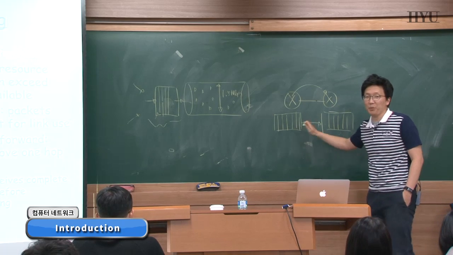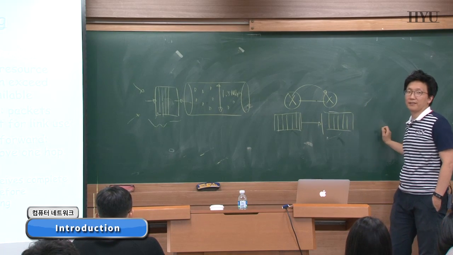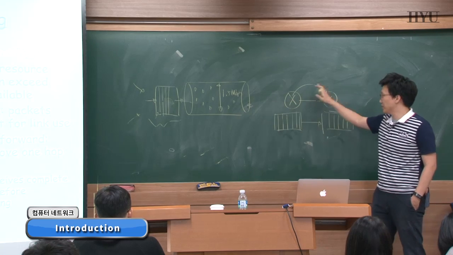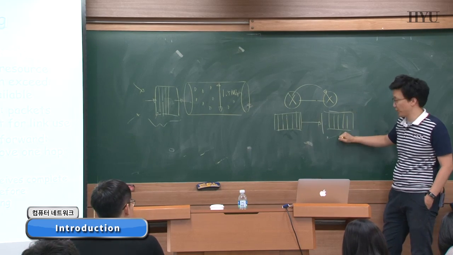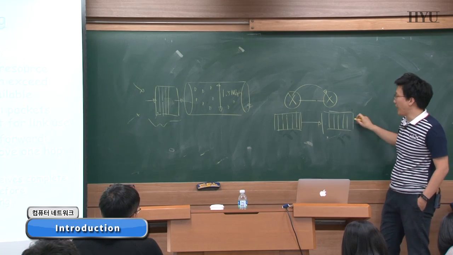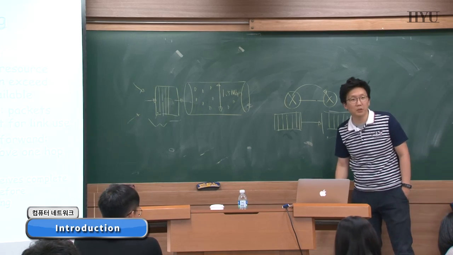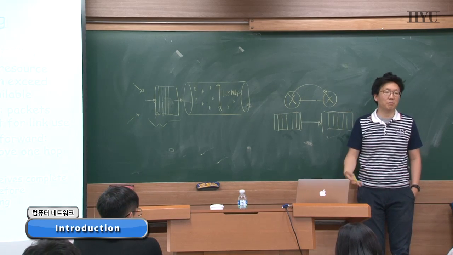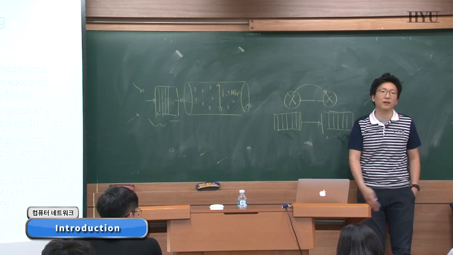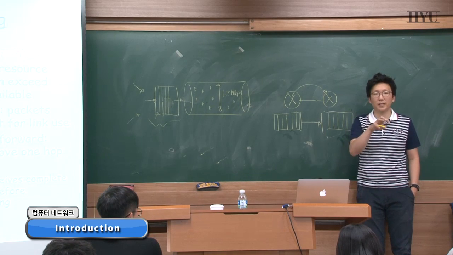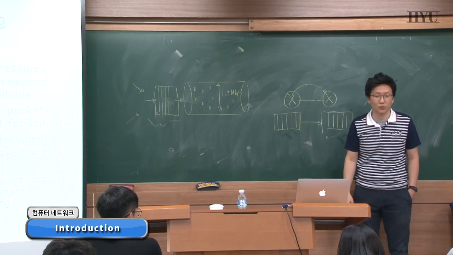So how many queues are you jumping through? How long are you staying here? How long does it take to go to another queue? Also, how long are you staying here? If you add this all up, this will be the time that you need to send the data from one place to another. So we will be considering that as a delay factor too.